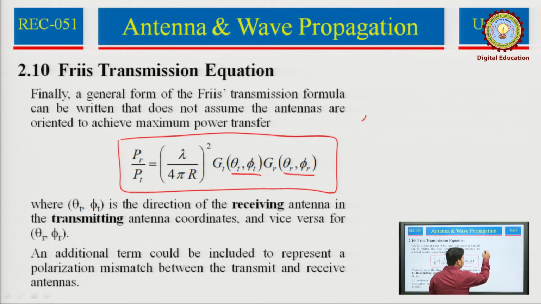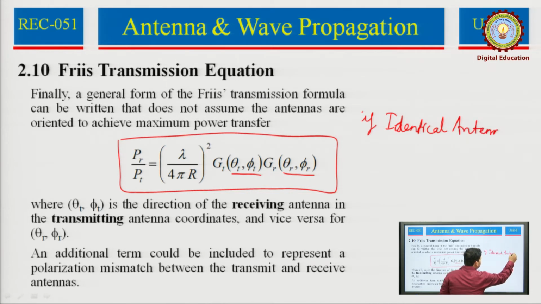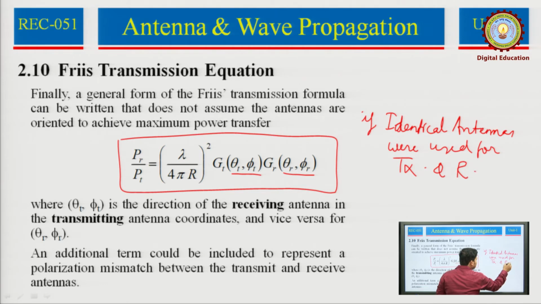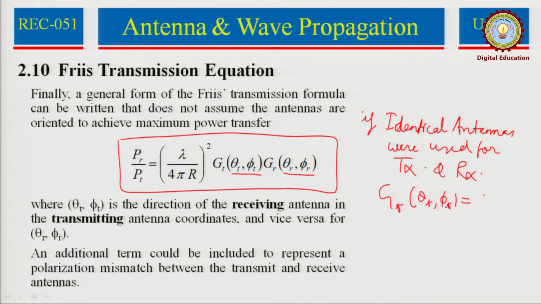If isotropic or identical antennas were used for transmission and reception, then GT(theta t, phi t) is equal to GR(theta r, phi r).